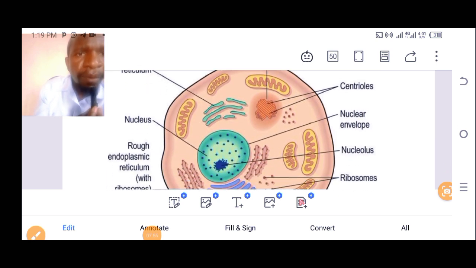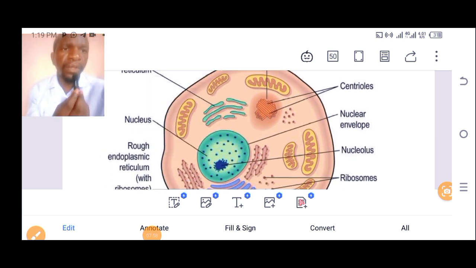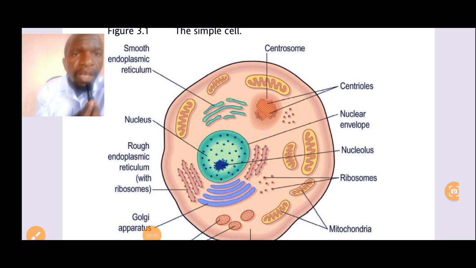Inside the cell, the most important of all the organelles is the nucleus. The nucleus contains the DNA, which is the genetic material. So the nucleus is one of the principal organelles housed inside the simple human cell.